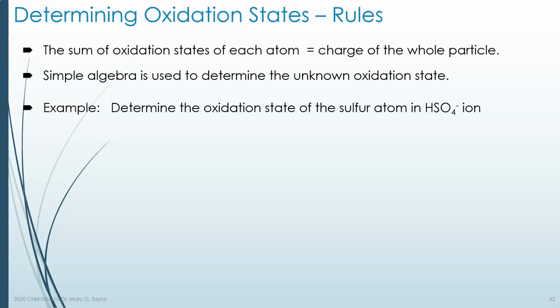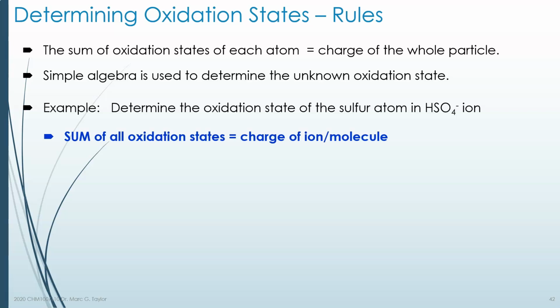So let's determine the oxidation state of sulfur in this ion, the HSO4 -1 ion. This is called the hydrogen sulfate ion. It's a polyatomic ion composed of 6 atoms. Well, we know that the sum of all the oxidation states will equal the charge. And this is not a neutral molecule. It has a charge of -1.